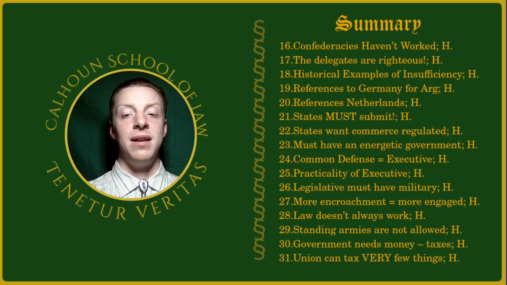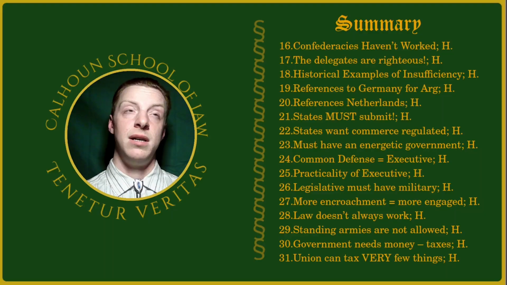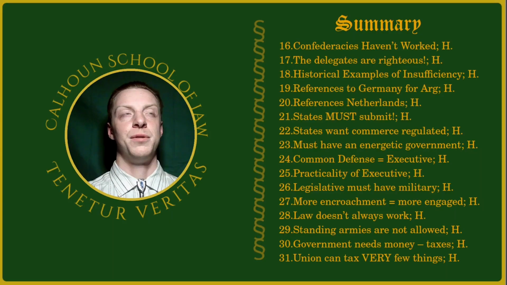Number 29 really hones in on Article 1, Section 8 and the extent that the federal government can maintain boots. Now, Article 1, Section 8 says the federal government can have and maintain a navy, but when you look in the dictionary from 1750, not Samuel Adams. Well, it may have been Samuel Adams.